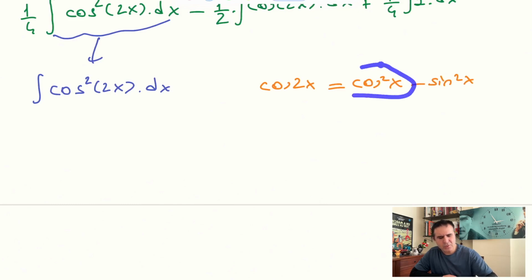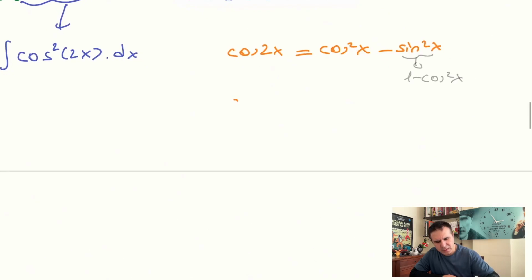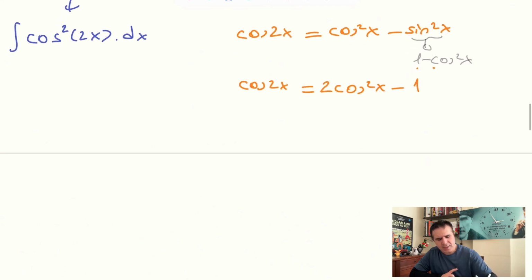I need to find cosine square of x, so I will write 1 minus cosine square of x for sine square of x. Then cosine 2x will be equal to cosine square of x minus 1 plus cosine square of x. This means 2 cosine square of x minus 1.